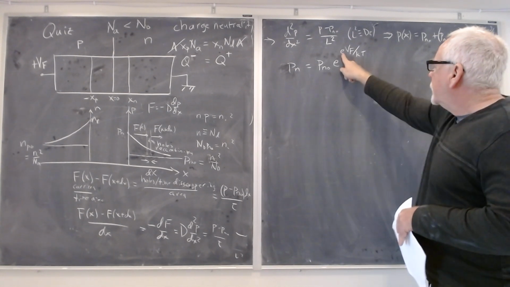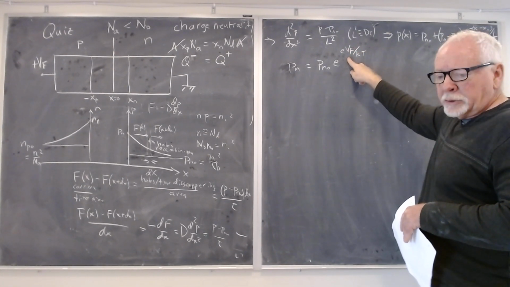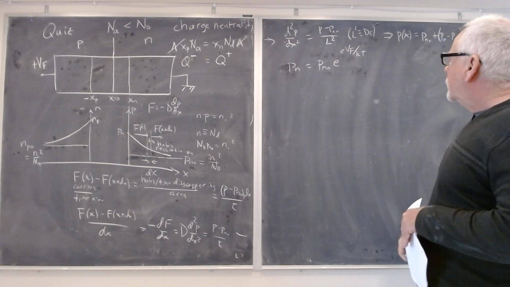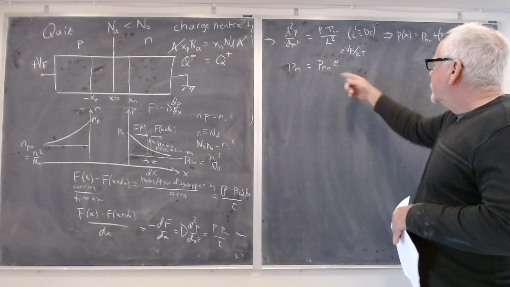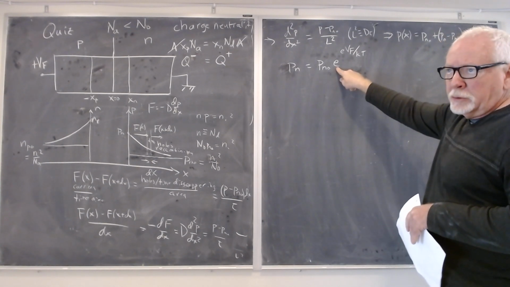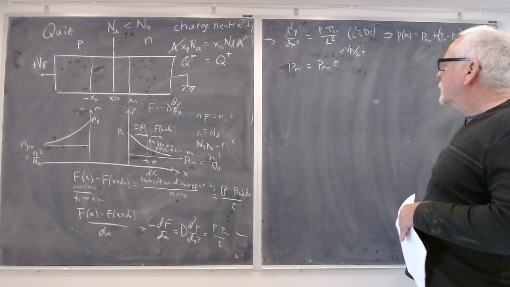Now, there's an e there, electronic charge, because that's then energy. So don't get too worked up over that. I know it's unfortunate there's an e there, whereas this is electronic charge.